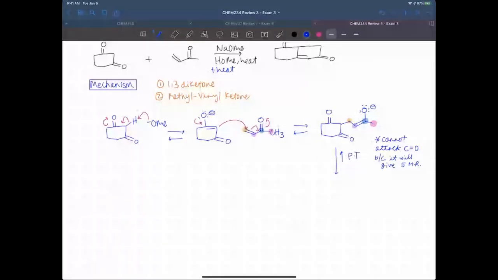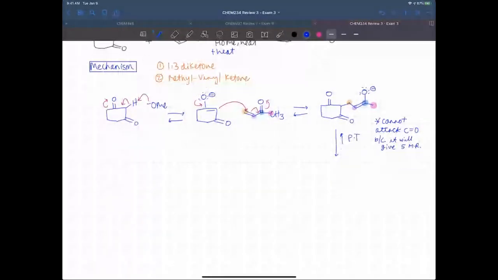So what's going to happen right now is that there is a proton transfer to give the kinetic enolate. So this is one of the driving forces that you need to remember for this reaction. And it's just a proton transfer, so I end up with the kinetic enolate here. Okay, this is a driving force.